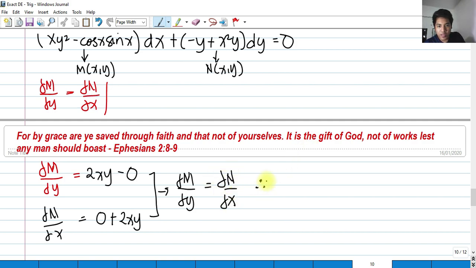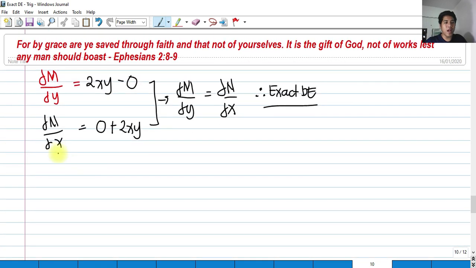And therefore, this is an exact DE. So what to do next? We have the formula: the partial of f with respect to x is equal to M of xy. That's our next step.